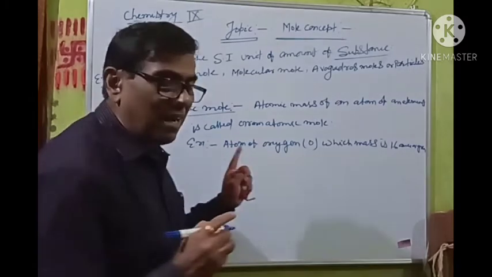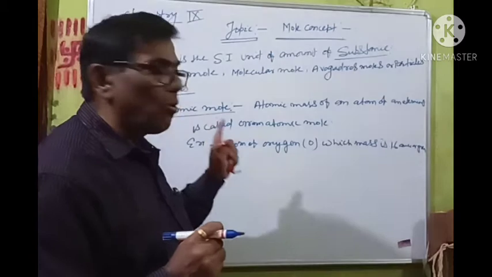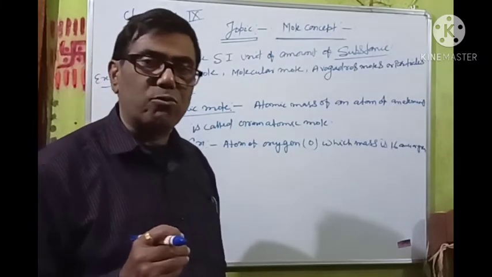So 16 gram is the gram atomic mole of one atom of oxygen.